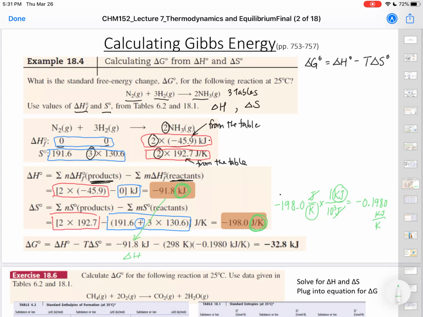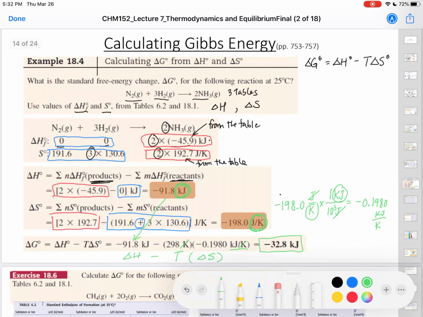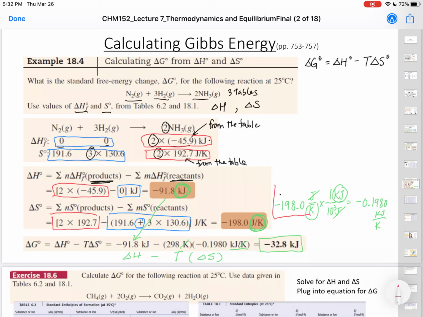So then we're taking this value here, we're bringing it down, okay? Delta H minus, so this is your delta H, minus T, and then this is your delta S. And again, your delta S is in kilojoules per Kelvin. Your Kelvin cancels out, so it's kilojoules minus kilojoules. So you end up with minus 32.8 kilojoules.